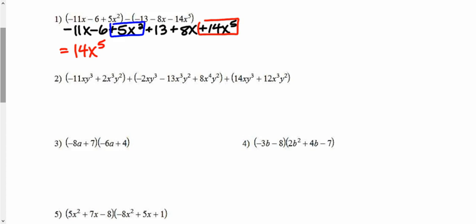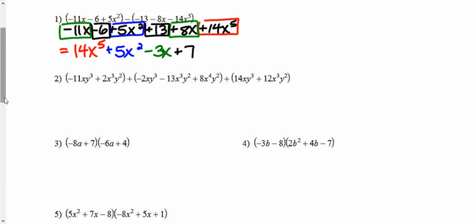We have 5x squared. And then we have a couple terms that have an x, so that's negative 11 plus 8, which would be negative 3x. And then our values without any x's, so negative 6 plus 13, which would be positive 7. And I can't combine that any further, so that's my final answer.